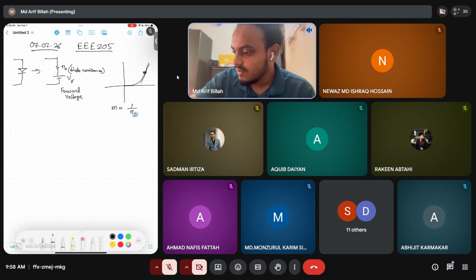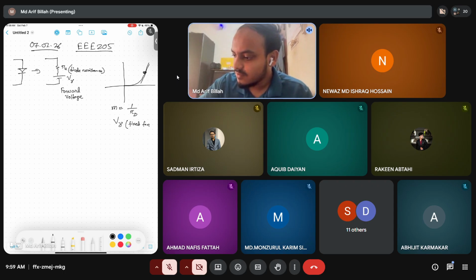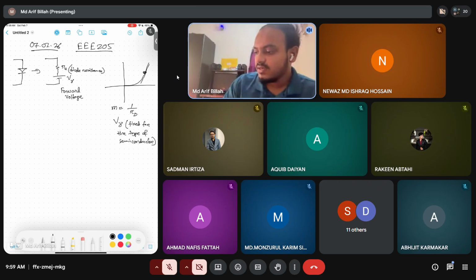And you have V gamma, which is usually given or fixed. This is a fixed parameter for the type of semiconductor. If it's silicon, you have a certain value.